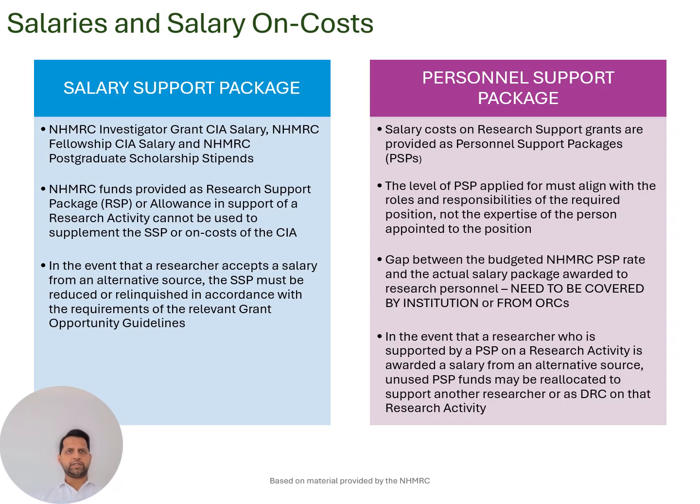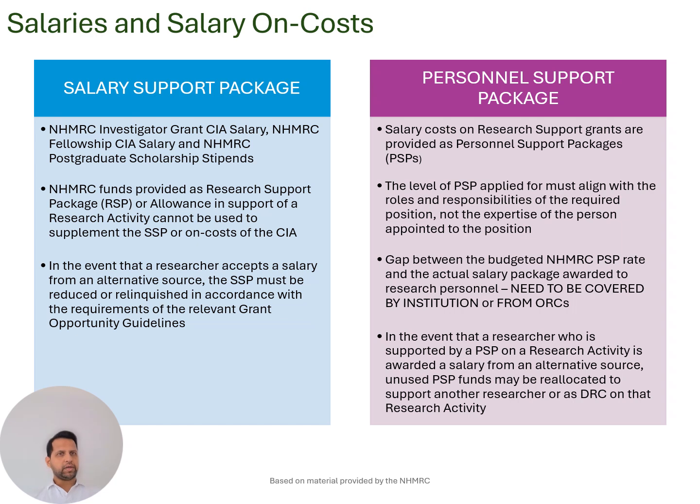All right, so let's look at salaries and salary on-costs. What are salary support packages? For NHMRC fellowships, NHMRC investigator grants, and NHMRC postgraduate scholarships, these successful applicants are awarded a salary support package. It's not a PSP, it's a salary support package.